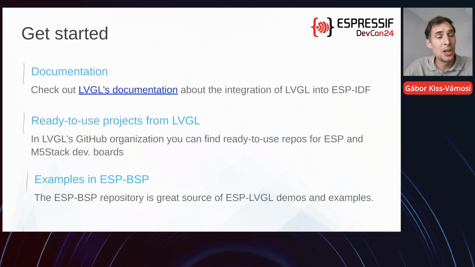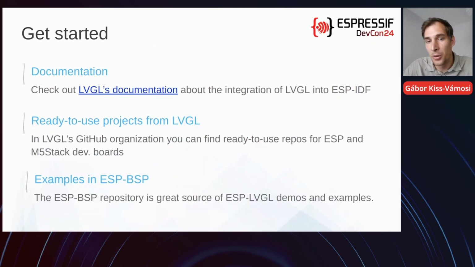Besides that, with the help of the great Espressif engineers, we have created some ready-to-use projects in LVGL's GitHub organization for some ESP and M5Stack development boards. You can just go to those projects in github.com/lvgl. You can clone them and find all the related getting started information in the README.